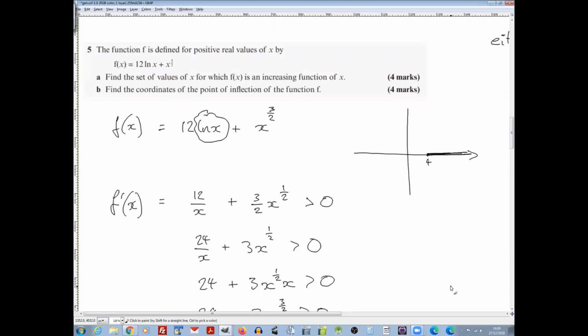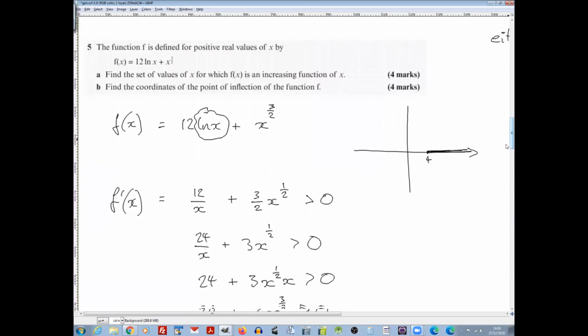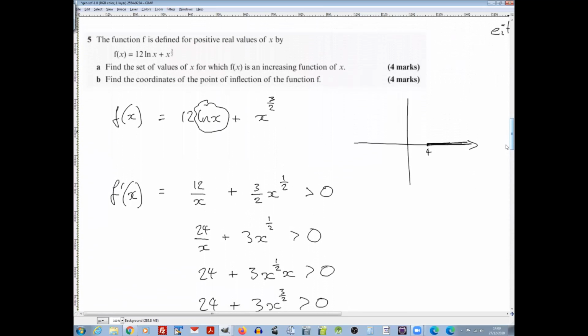Right. Find the coordinates of the point of inflection now of the function. Okay, so where did we get to with differentiating it? We had the original function, f. F dashed is the gradient function, the first derivative. Okay, so we differentiate that then.